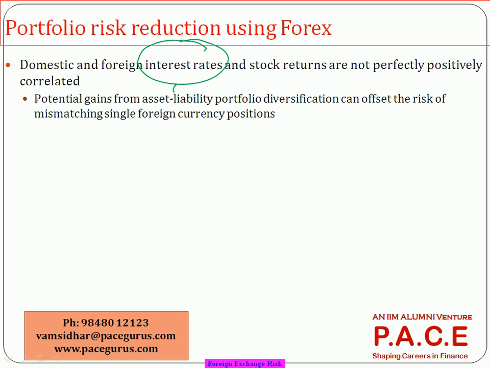So basically my liabilities are zero in the Indian market, whereas my assets are 75 in the Indian market. In that example which I have given, liabilities are zero and assets are 75 in the Indian market. So I have a net positive exposure there for the Indian rupee. Net positive exposure, the benefit is always when the foreign currency appreciates. For me, the foreign currency is the Indian rupee.